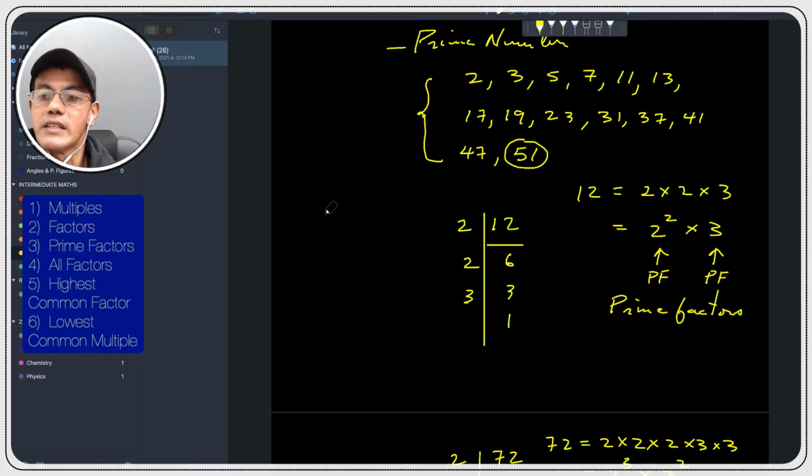Let's do it in this corner here. So we know 12 is equal to 1 times 12. So 1 and 12 would be factors of 12. And then we say 12 is also equal to, let's look at this.